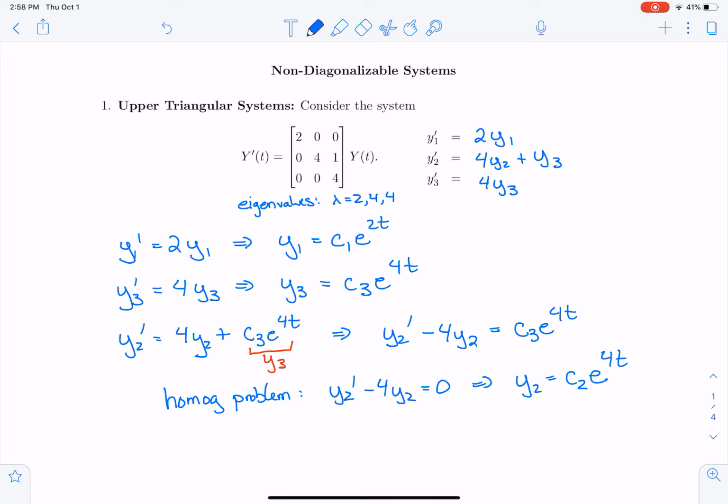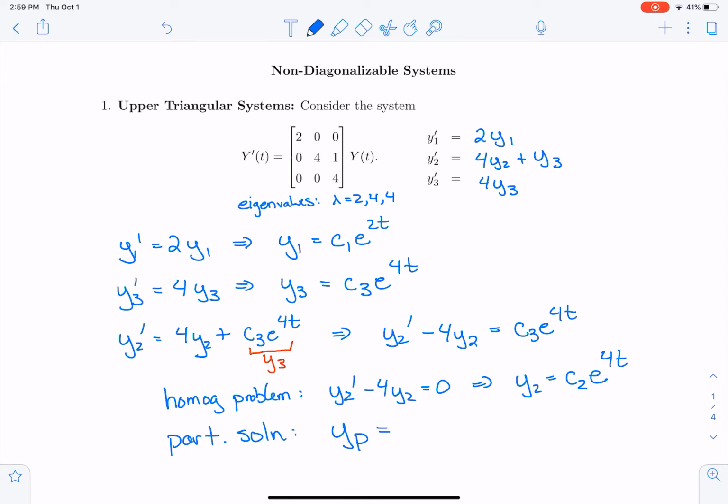And now we want to find a particular solution. This is the method that we used when we were solving second order linear differential equations, but this actually works for any nth order linear differential equation. Our particular solution, we'll call it y sub p, we're going to have to make a guess.